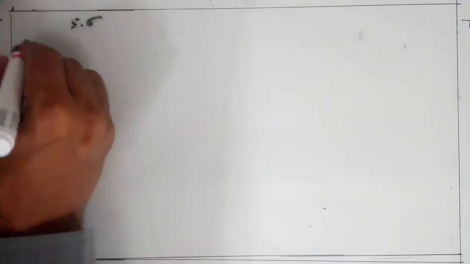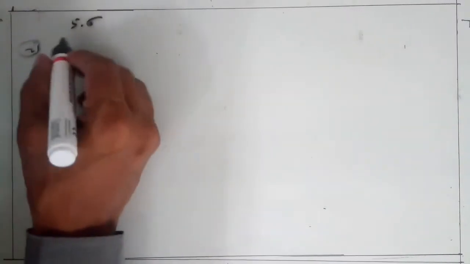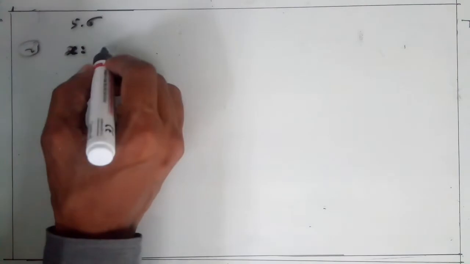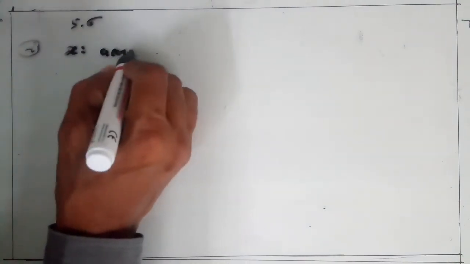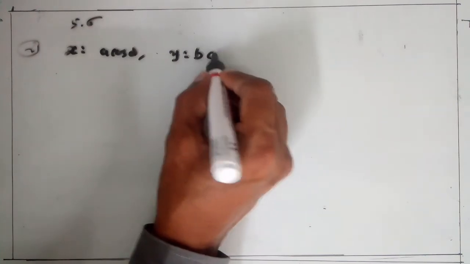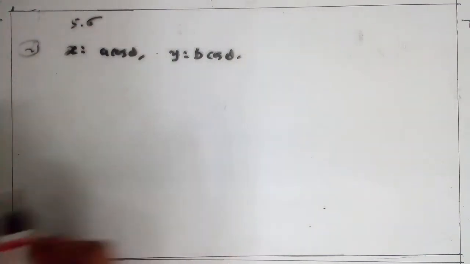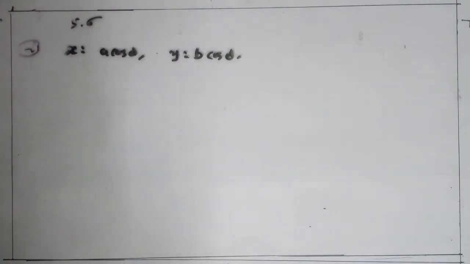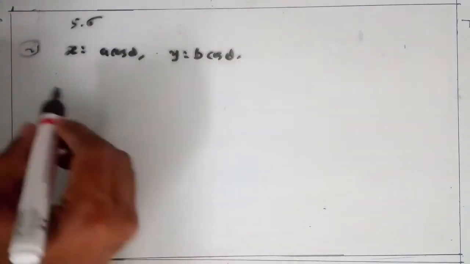Now next, question number 2. x is equal to a cos θ, y is equal to b cos θ. Find dy/dx. First we get the derivative of x and y with respect to the parameter θ.